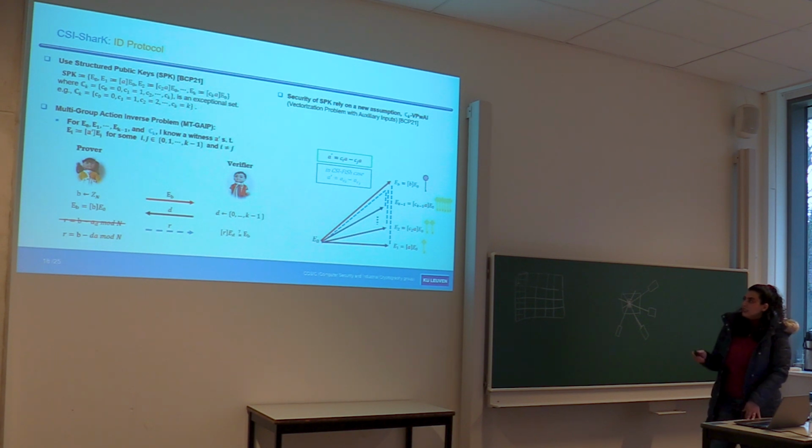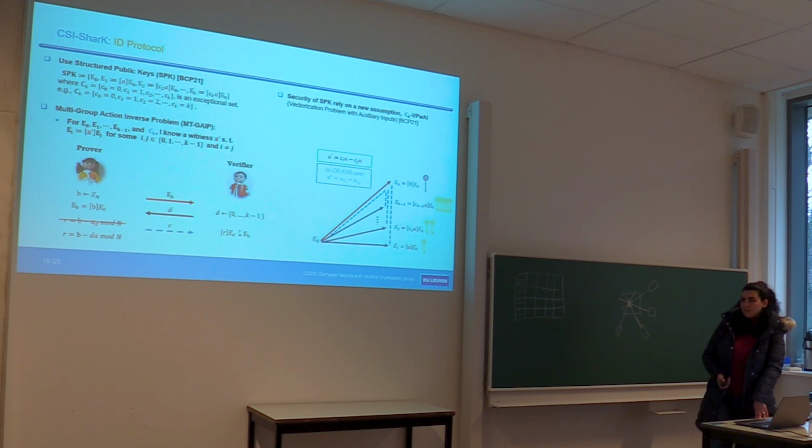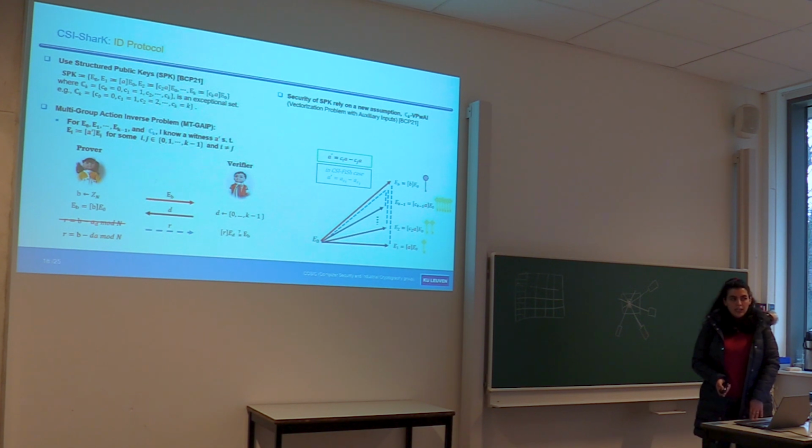In our protocol in C-SharK, for special soundness, we use the same multi-target gap assumption that they had, but for zero knowledge, we rely on the new assumption that they have.